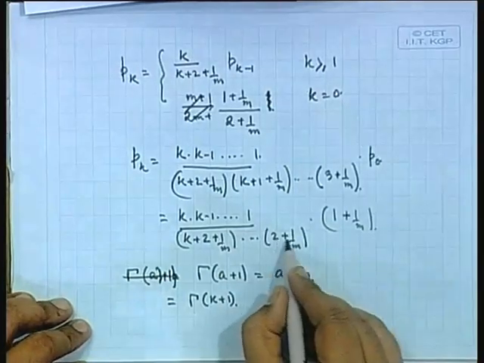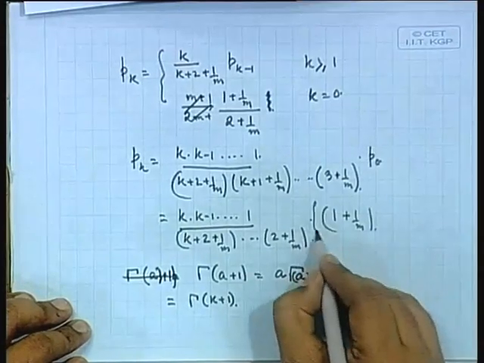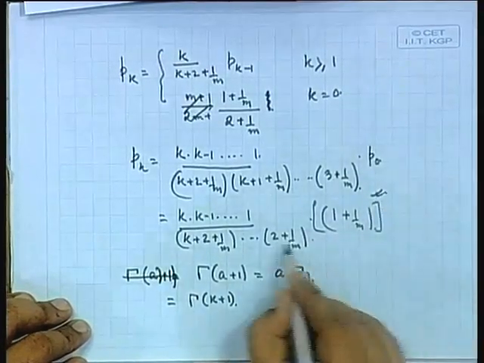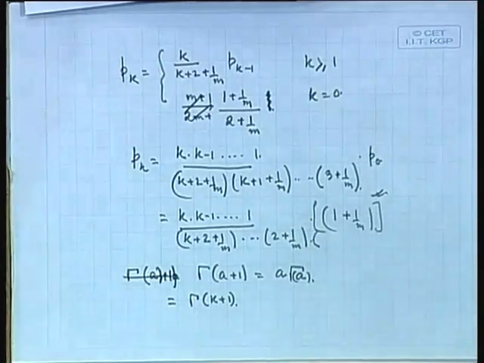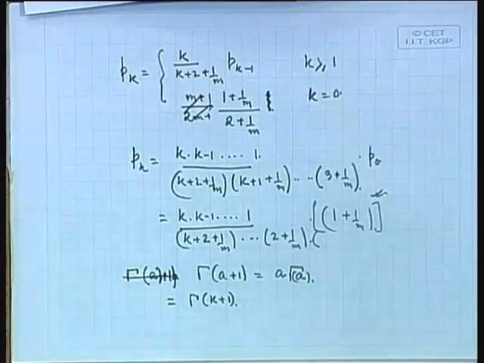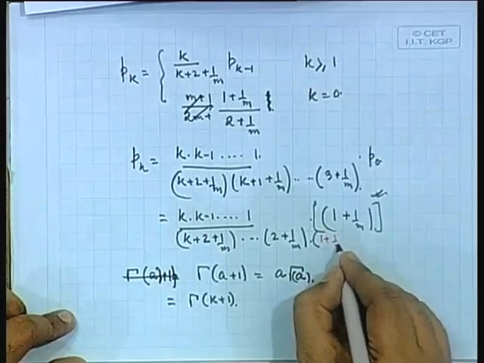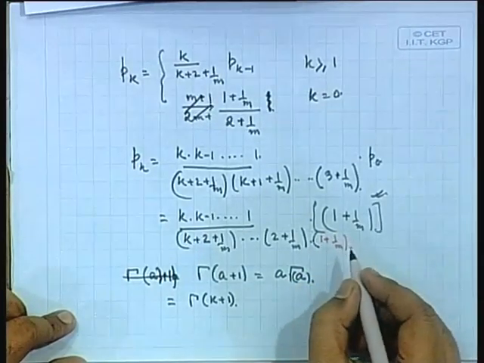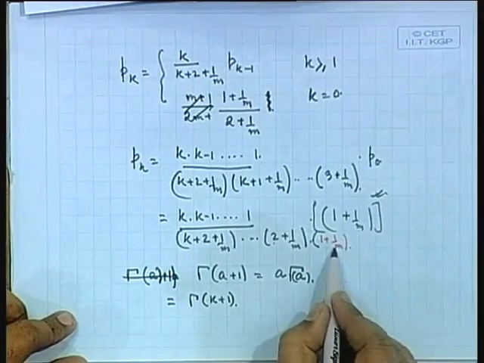Okay. Now, let us think this way. 1 by m stays outside, forget this. What will be the next value of this? 1 plus 1 by m. The next value of this will be 1 plus 1 by m.